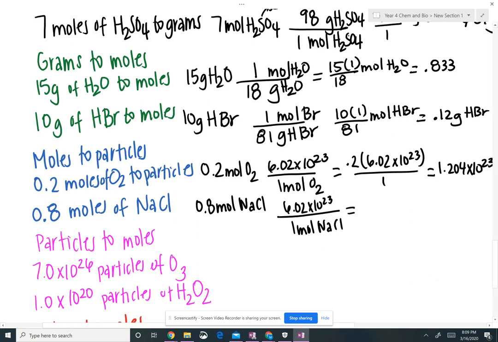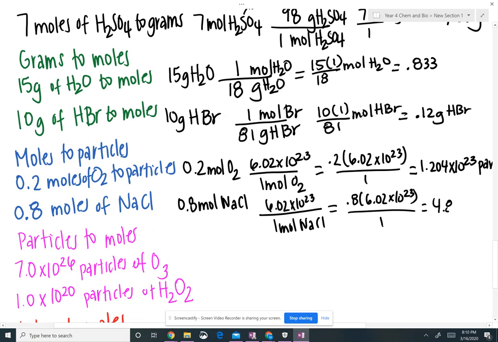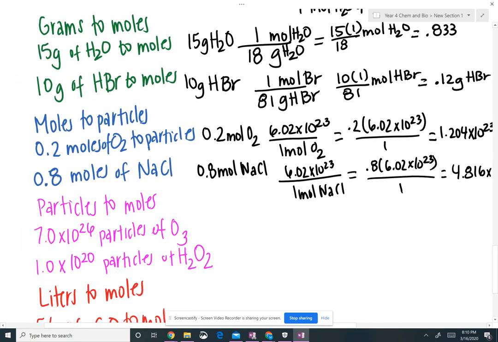So I should have 0.8 times 6.02 times 10 to the 23rd, and then I divide that by 1, and I should get 4.816 times 10 to the 23rd particles. So that is what you should get on there.